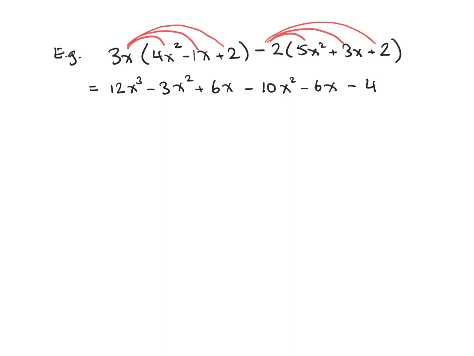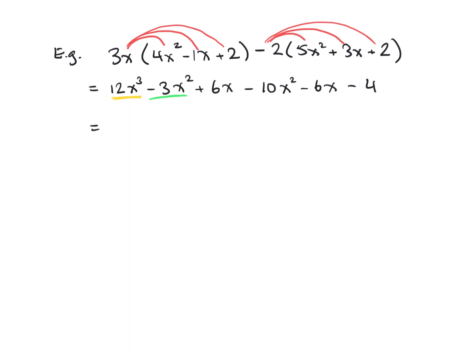Now we ask, can we continue simplifying, meaning collecting like terms? You will notice that there are some like terms here. So we have one more step to collect them up. The first term is 12x cubed. So I look down the line and ask, are there any more x cubes? And I don't see any, so that will be just by itself. Okay, the next term, I'll use a different color, is negative 3x squared.